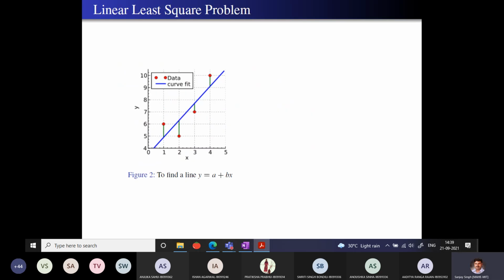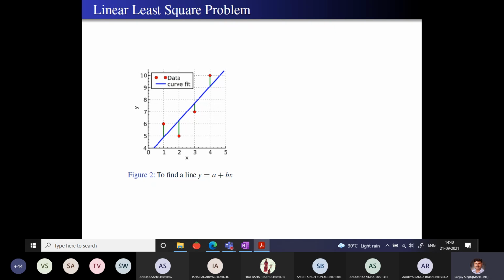Anyway, finally we are slowly converging towards the topic hero, that is the least mean square. But before that, let's understand the idea behind the linear least square problem. What is a linear least square problem?